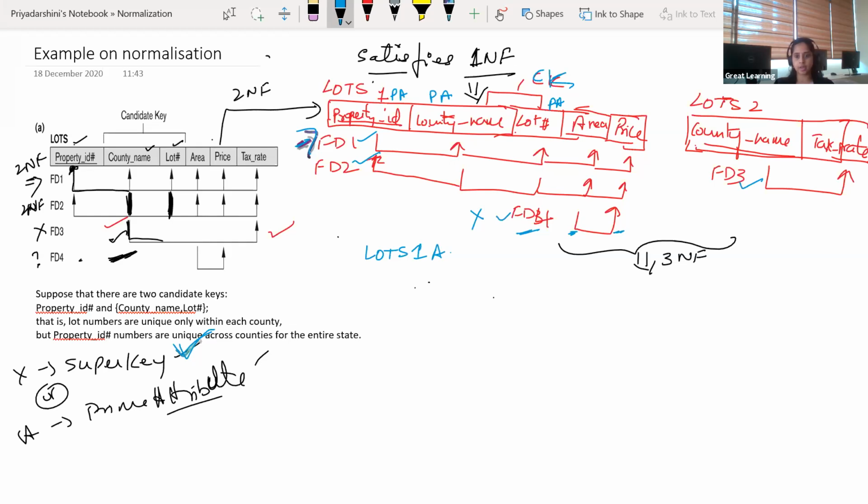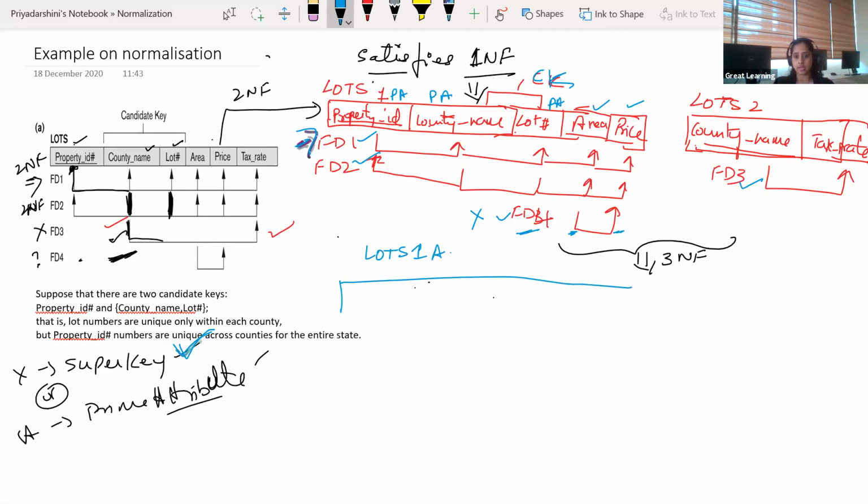So what should I remove now? Price. The primary key I should keep as it is, because when I join back, you are joining based on the primary key and foreign key combination. So in whichever table you're dividing, one of the attributes should remain as a primary key, and in the other table that attribute should be a foreign key.